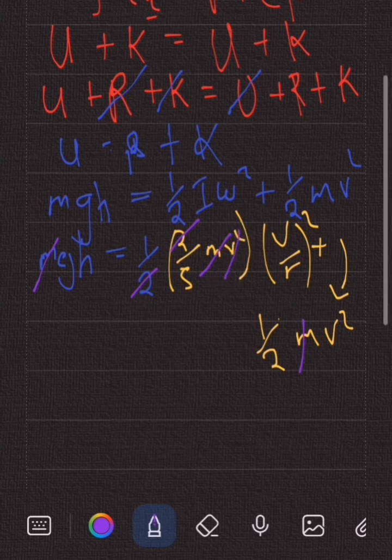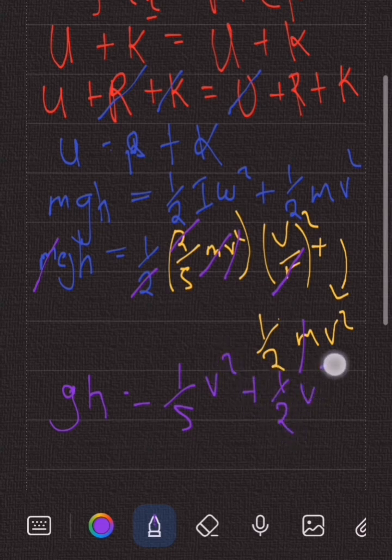The r here and the r here squared, since this square is distributed to both of them, so they go. So we're going to be left with gh being equal to 1 over 5 v squared plus 1 over 2 v squared.